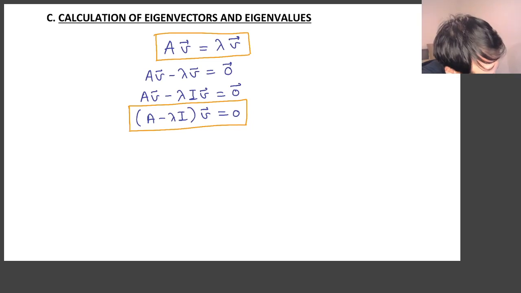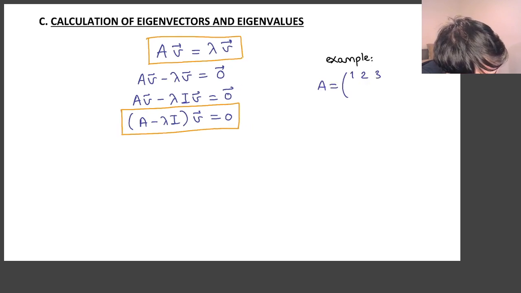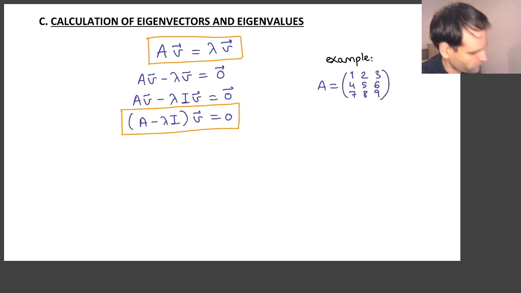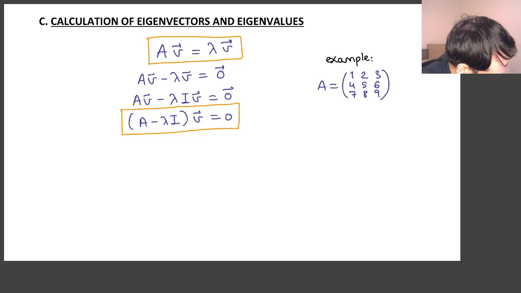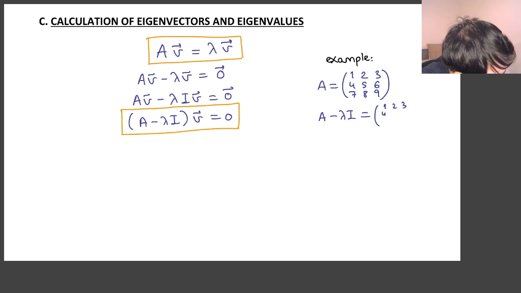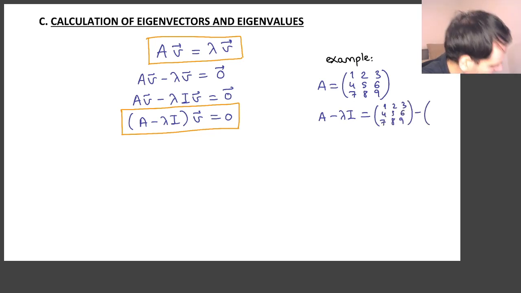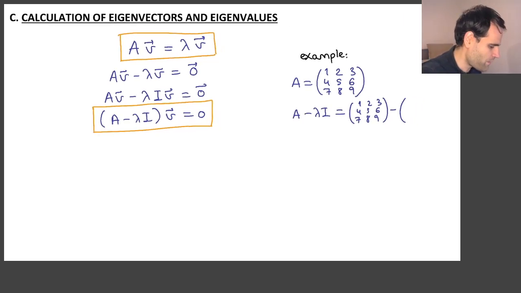So for example, imagine that matrix A is a matrix given as 1, 2, 3, 4, 5, 6, 7, 8, 9. Okay? What would matrix A minus lambda I be equal to? So it will be equal to this matrix minus the identity matrix multiplied by lambda.